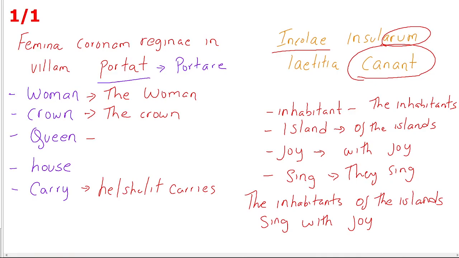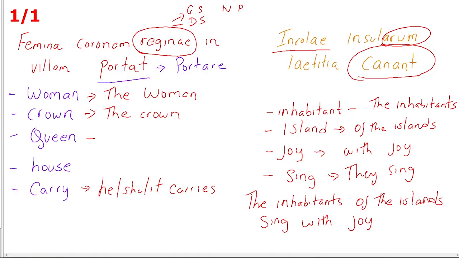Okay, then reginae. So now we have to figure out: it can mean genitive singular, dative singular, or nominative plural. The best way to solve the confusion is to start by eliminating. So the woman carries the crown.